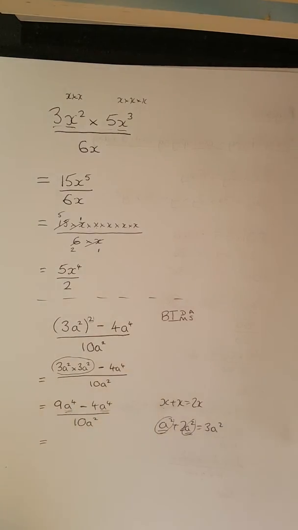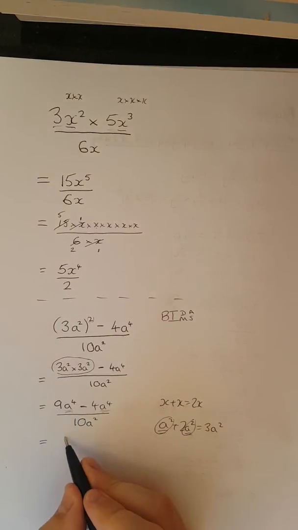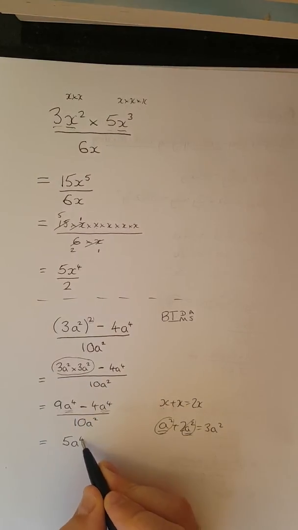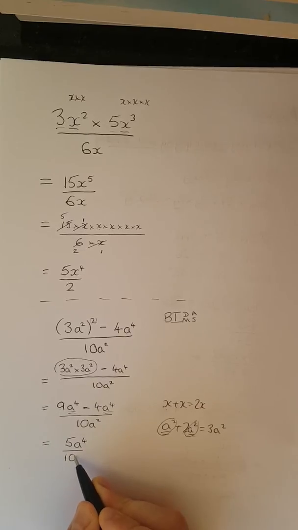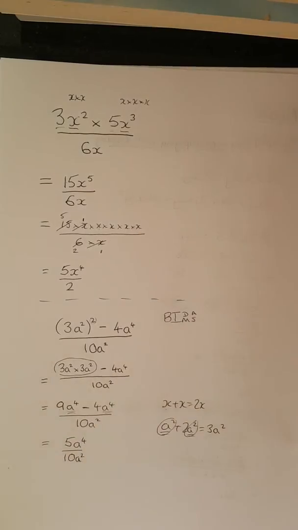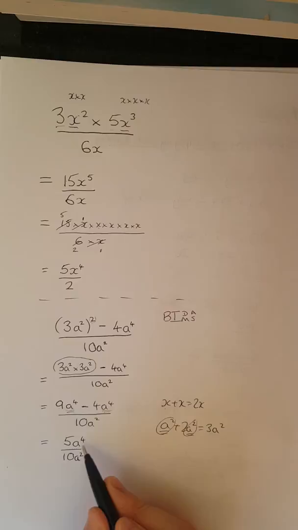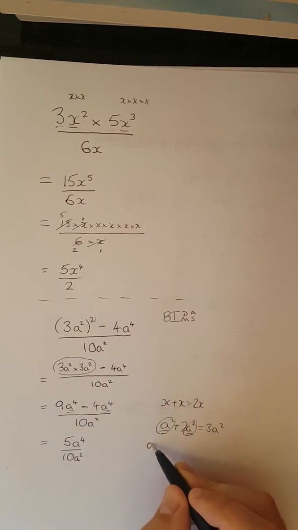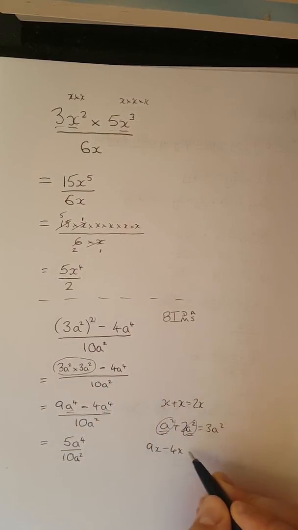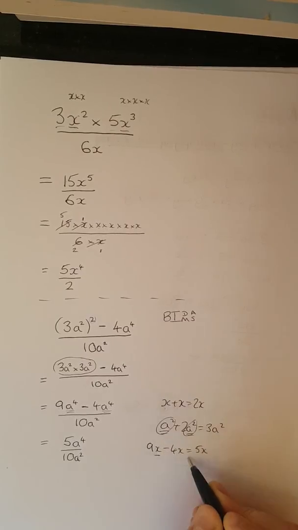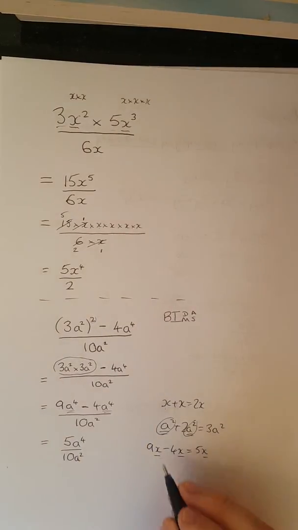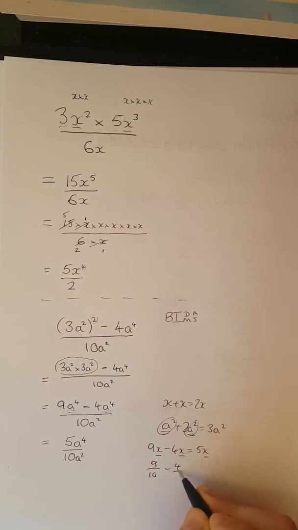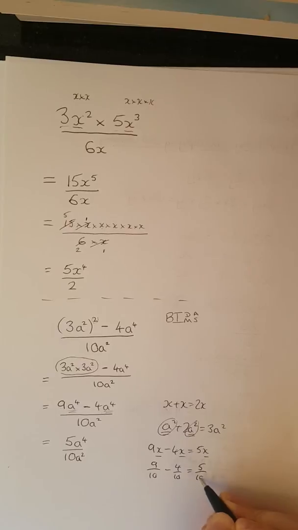So 9 lots of a to the 4, take away 4 lots of it, leaves me 5 lots of it. Some of you are thinking, doesn't the a disappear? Well, if you did 9x take away 4x, you'd get 5x. The x stays the same. Just like in fractions, 9 tenths take away 4 tenths is equal to 5 tenths.